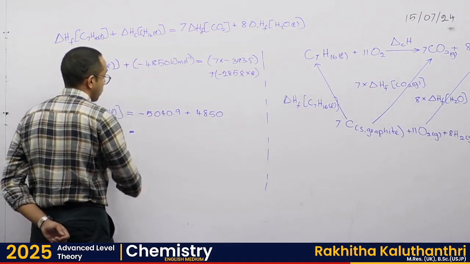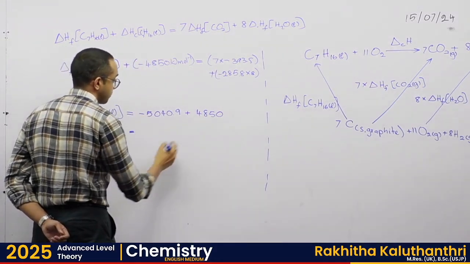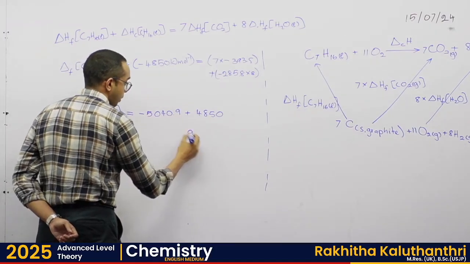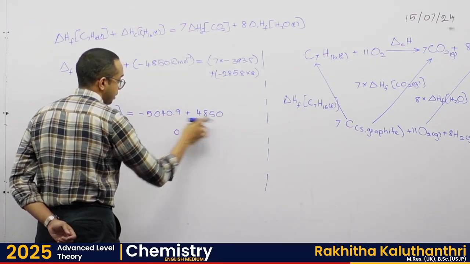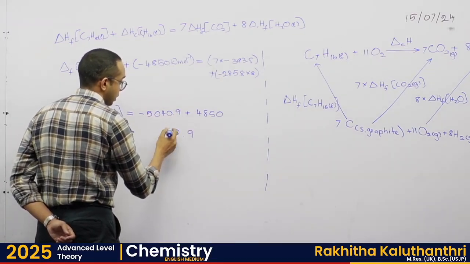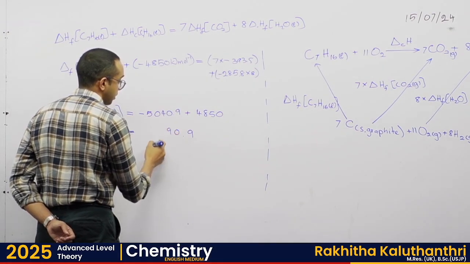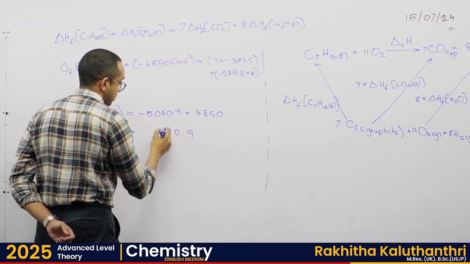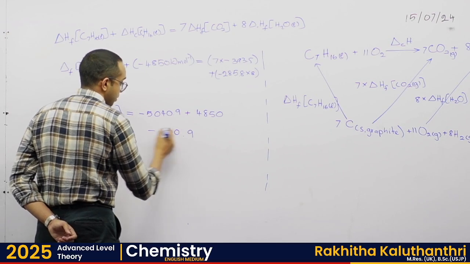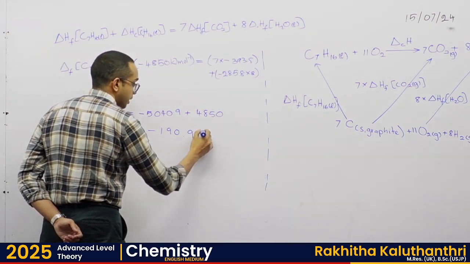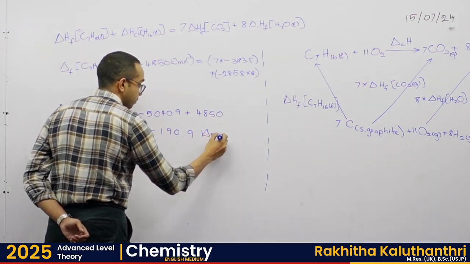So when you solve it, 0.9 will remain, 0 here, and then 14 minus 5 is going to be 9, and 190.9 kilojoules per mole. Did you get to this value?